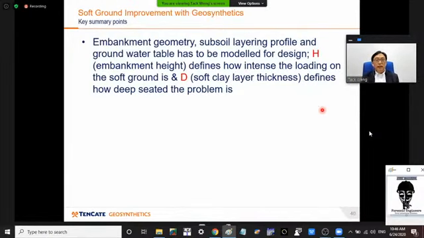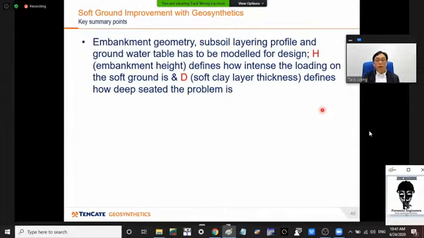Some key summary points here that I'd like to re-emphasize from what I've mentioned. The embankment geometry, subsoil layering profile, and groundwater table have to be modeled for design. You have embankment height, H, and depth D, which need to be known.